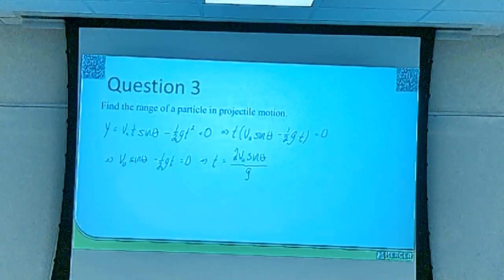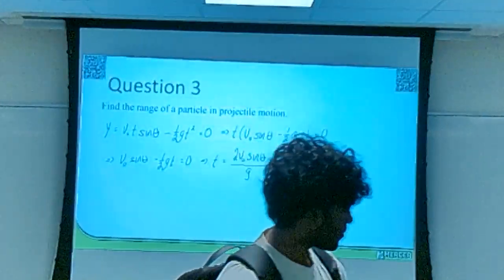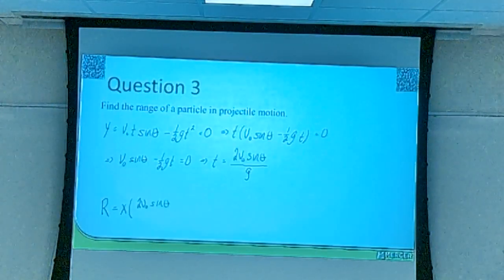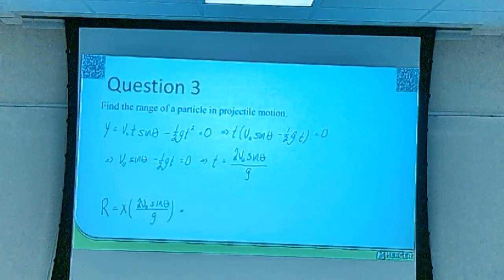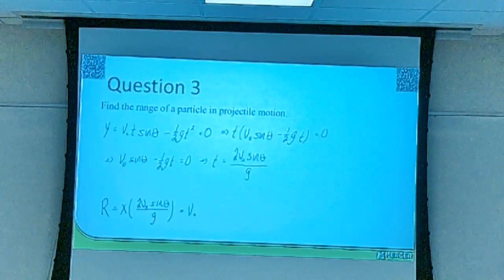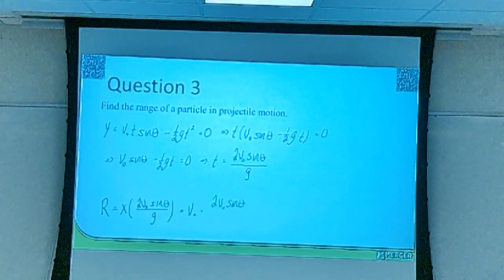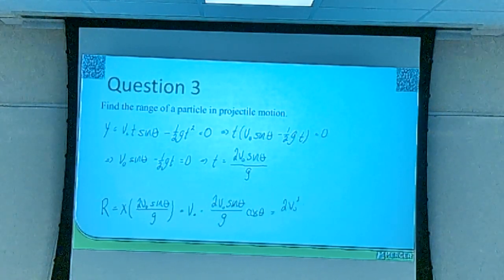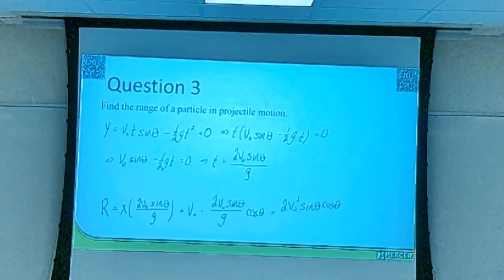gives you t is 2 v naught sine theta over g, right? Now plug that into x. v naught t cosine theta, which can be simplified, right?